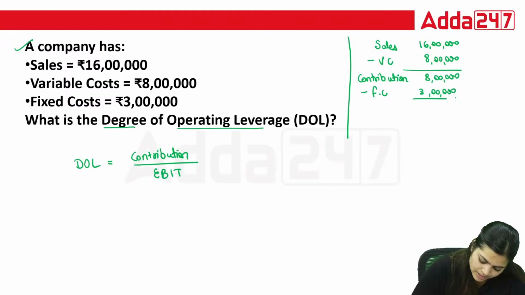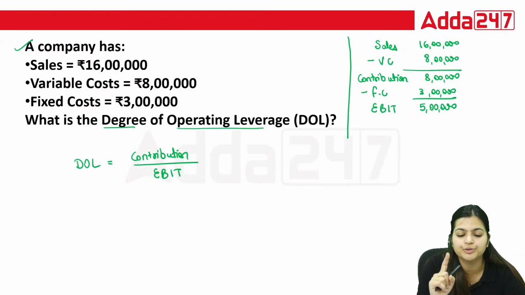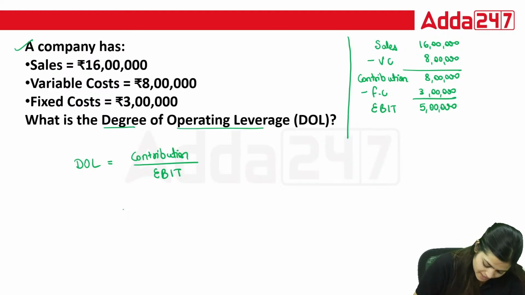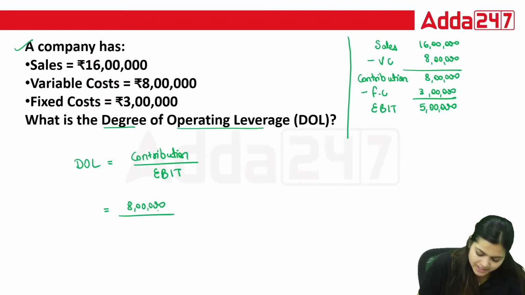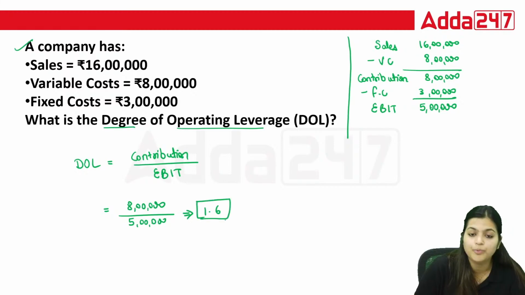So your EBIT is equal to 5 lakhs. We require these two things, contribution and EBIT. Contribution is 8 lakhs, EBIT is 5 lakhs. So 8 lakhs divided by 5 lakhs, your DOL is 1.6, and this is your answer.